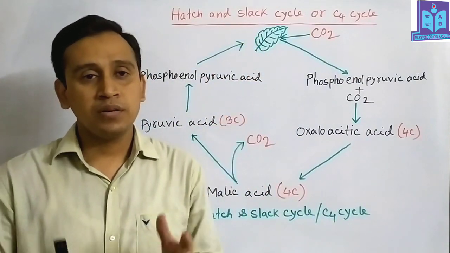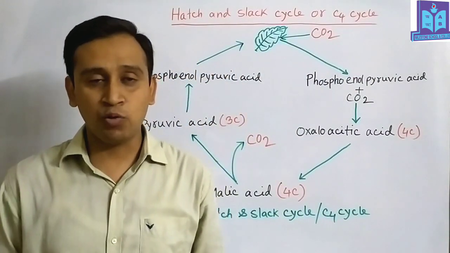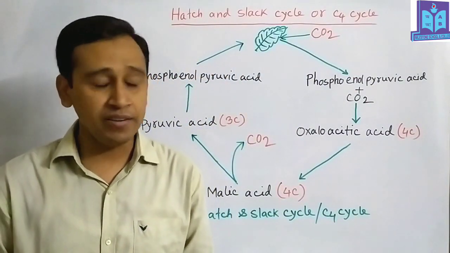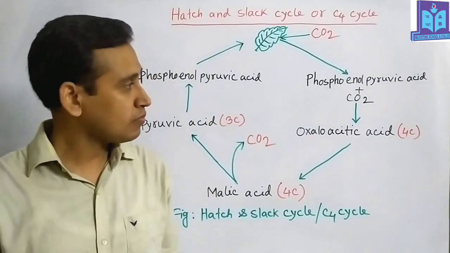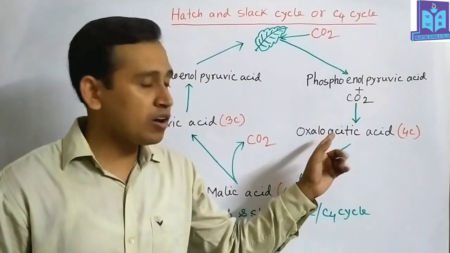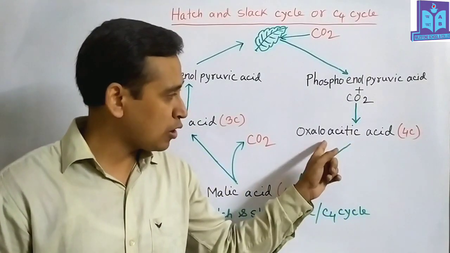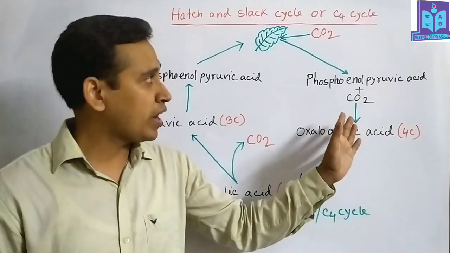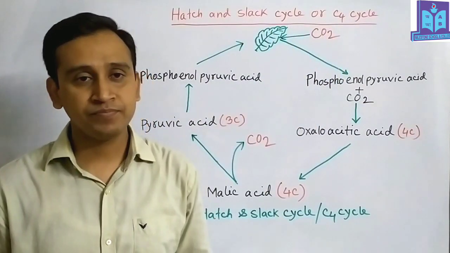So, after the name of the discoverers, this reduction pathway of carbon dioxide is called the Hatch and Slack cycle. The first stable compound of this cycle is 4-carbon based oxaloacetic acid. That's why this cycle is also called the C4 cycle.